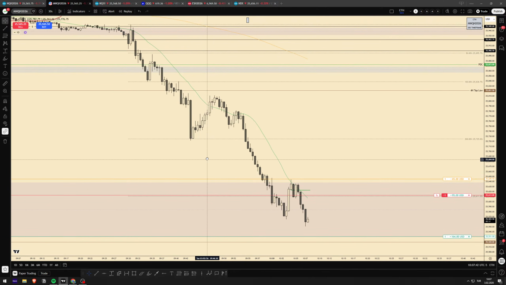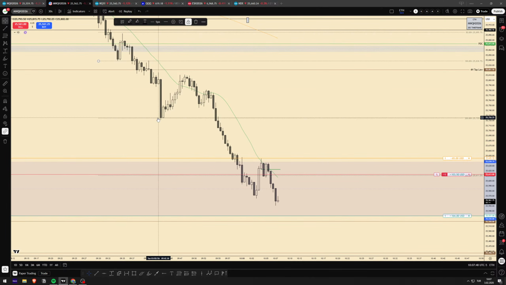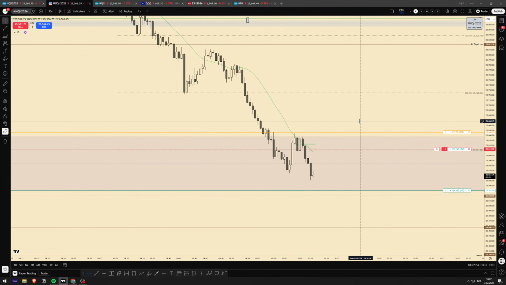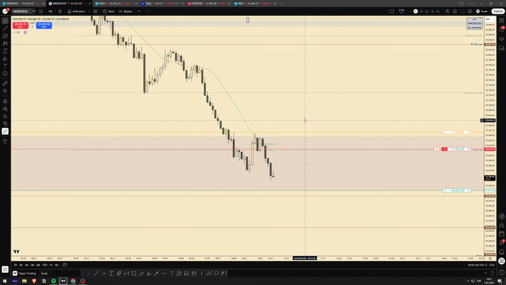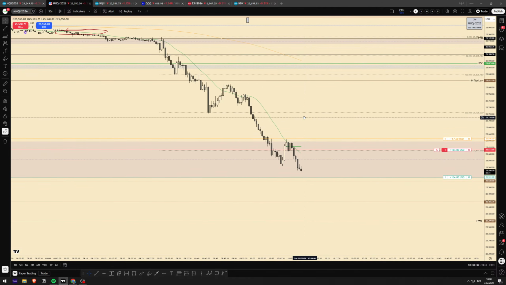I don't click market sell on levels like this. I just wait for price to show me its hand. I just try to understand the context of price, and I take my scalp setup.